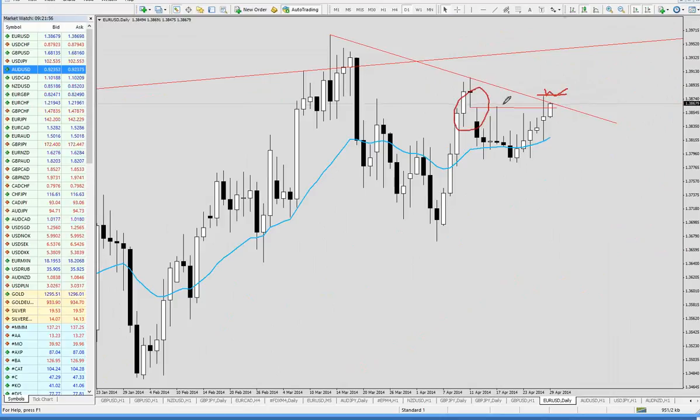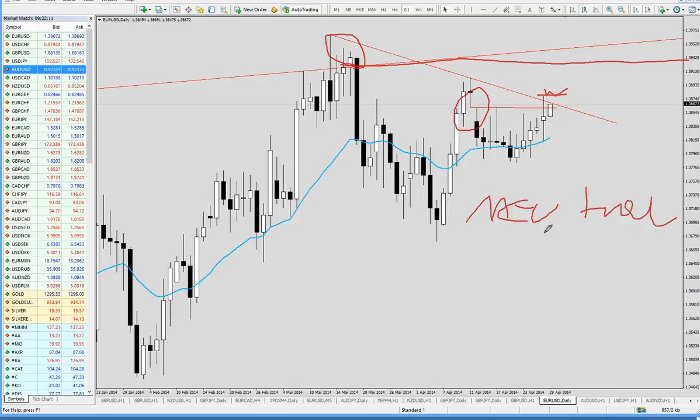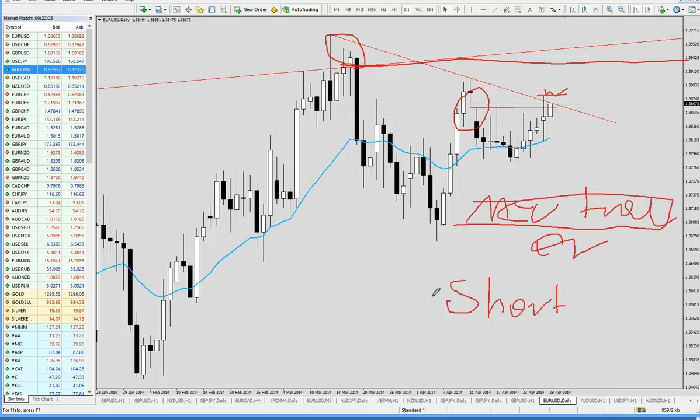So as I mentioned yesterday, stay neutral, or we will try to find some intraday weakness for short opportunity. So stay neutral or intraday short, right?